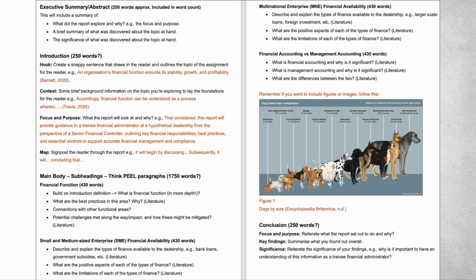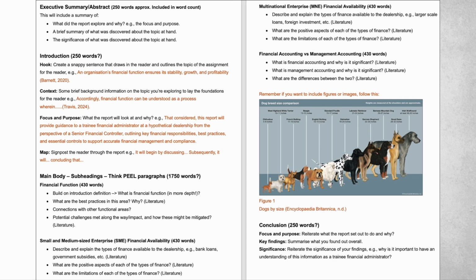You don't have to write your focus and purpose like that. You might not even want to use the word hypothetical. You might want to say this report will provide guidance to a trainee financial administrator at a dealership from the perspective of a senior financial controller. You also, as well, might want to start with the focus and purpose. It's totally up to you.